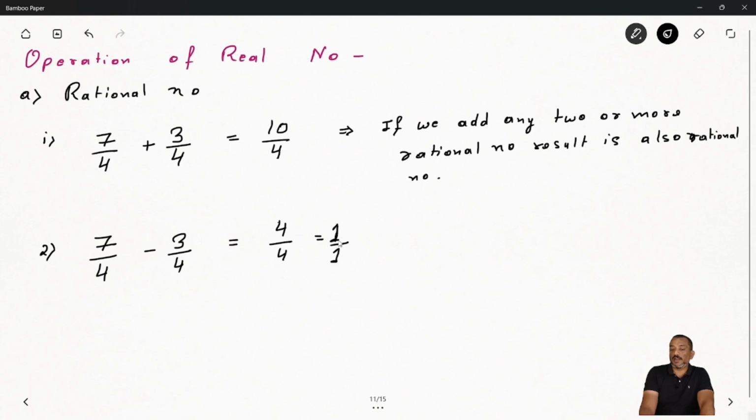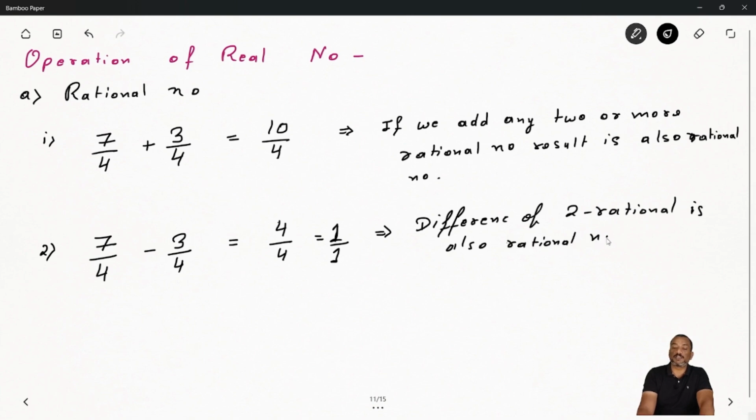Okay, so that is also in the form of a rational number. So we can say the difference of two rational numbers is also a rational number.